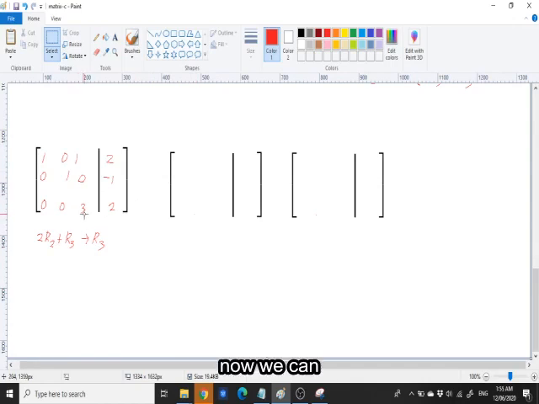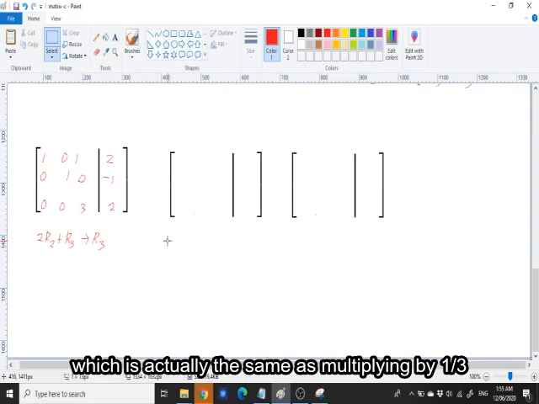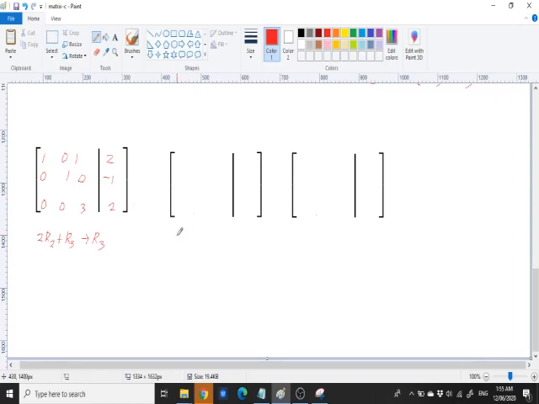Again, now we can divide this by 3, which is actually the same as multiplying by 1/3. So we'll do 1/3 of R3. We'll replace R3. So divide by 3 all.